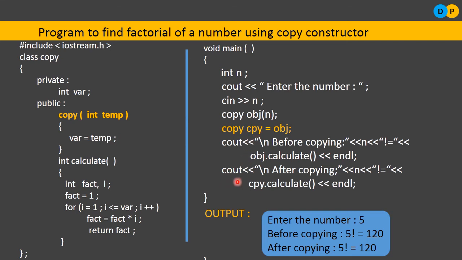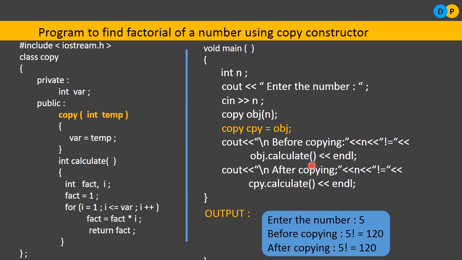That's why we call cout once again. After working with the copy constructor, is there any change? After copying, this time we use the second object CPY, and using the second object we call the calculate function, CPY dot calculate.